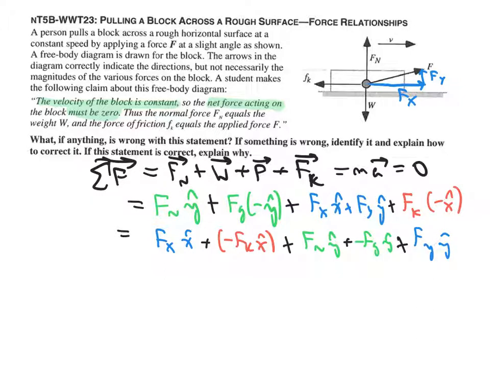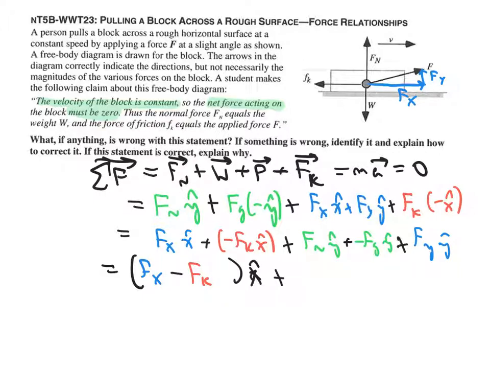And then I'm going to do some algebra tricks. I'm going to factor out the component vectors. When I factor out an x-hat from these terms, I have Fx minus Fk.